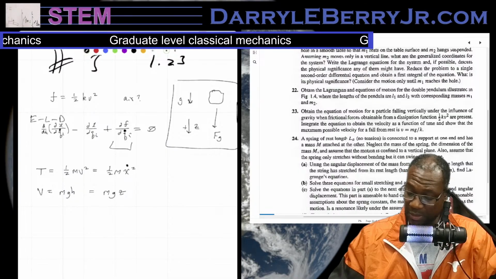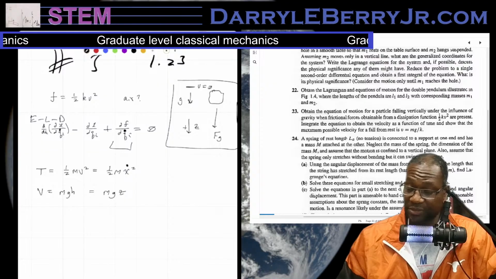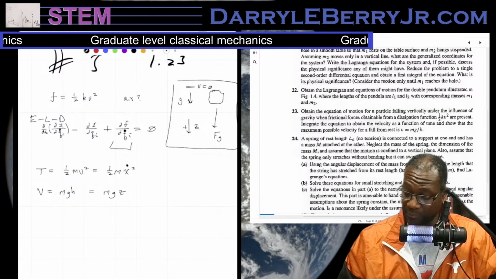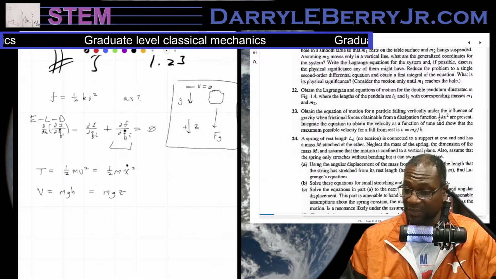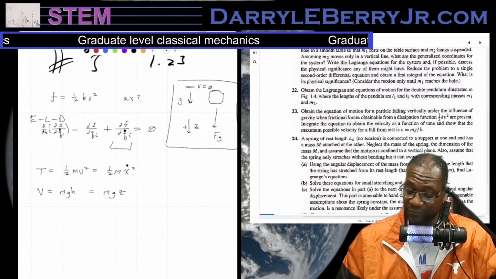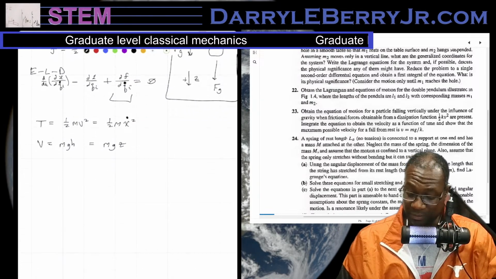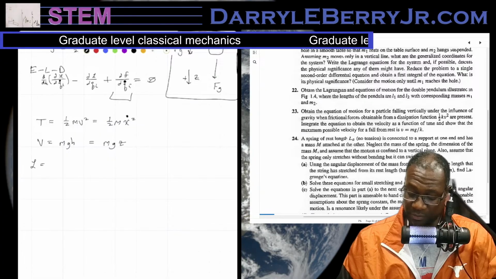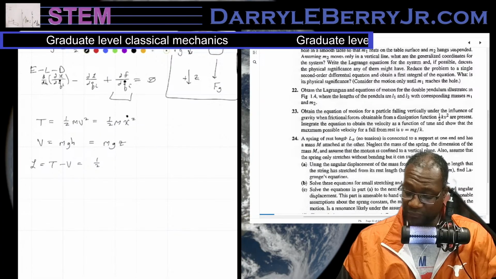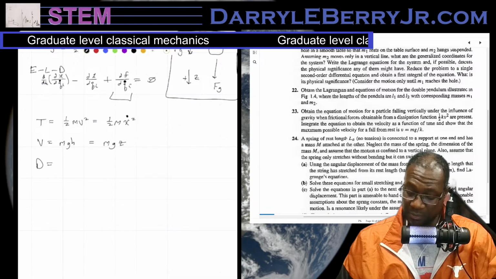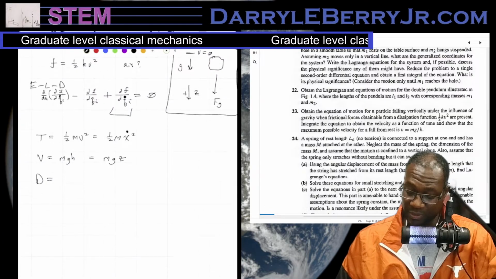Potential equals mgh. So we'll call this potential 0, and it's falling downward in a positive direction, so potential is negative. So we have the Lagrangian is T minus V, which equals 1/2. Oh, hold up, I left off the dissipation force. Let's put that in the proper coordinates.